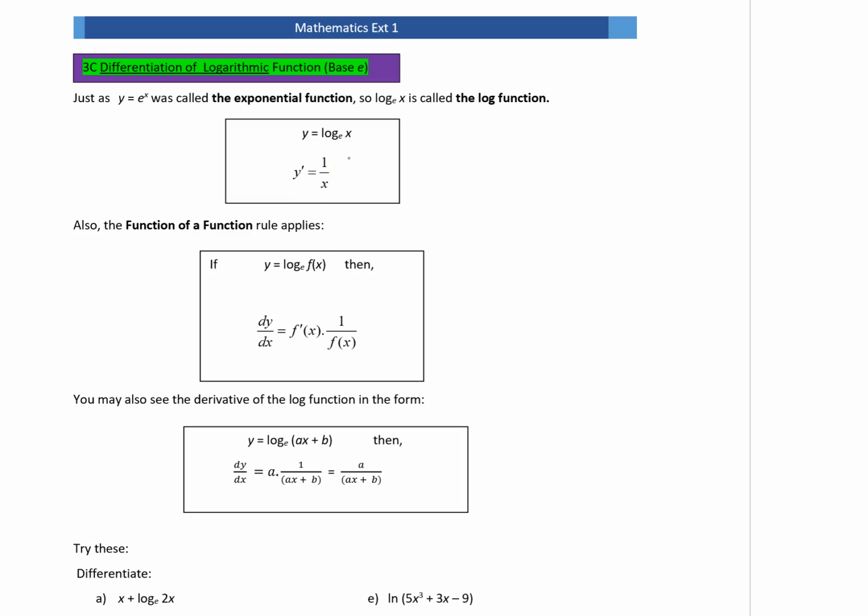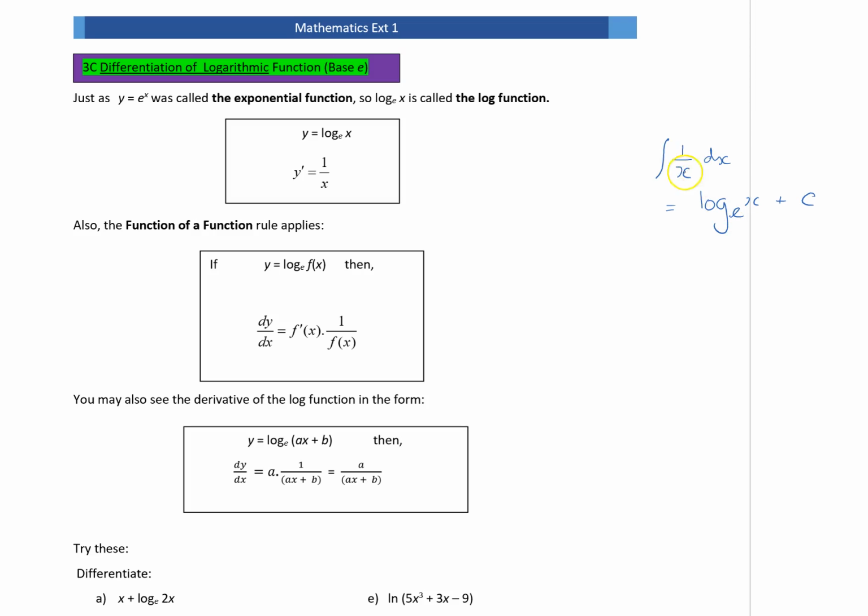Now, I know I'm jumping right ahead, but we know that integration is the reverse of differentiating, so you can expect now to be integrating 1 on x, and you have to recognise that this results in the log function plus a constant if it's an indefinite integral.